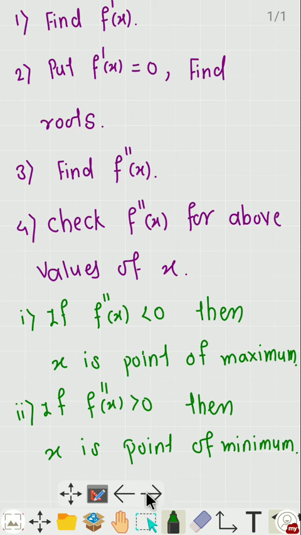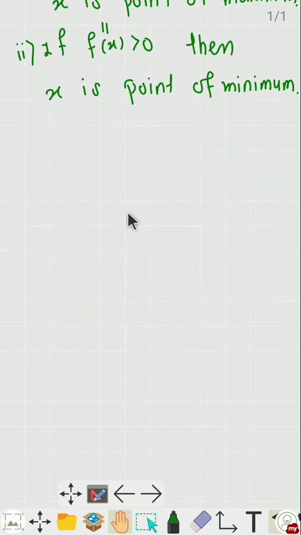Based on these results, let us try to solve some examples.